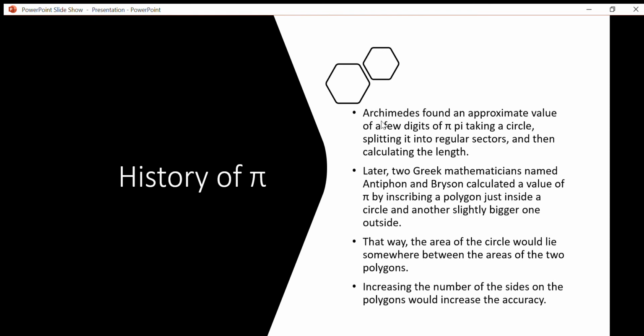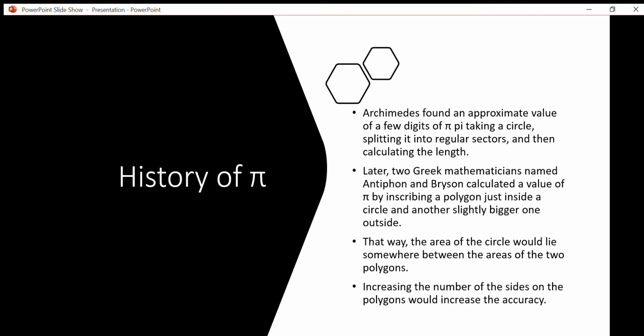Okay, so there was a mathematician named Archimedes, and he found an approximate value of a few digits of pi, taking a circle, splitting it into regular sectors, which are basically equal sections of a circle that are the same size, making it into a polygon with curved sides, and calculating the length of it.